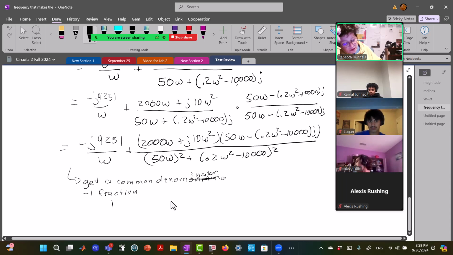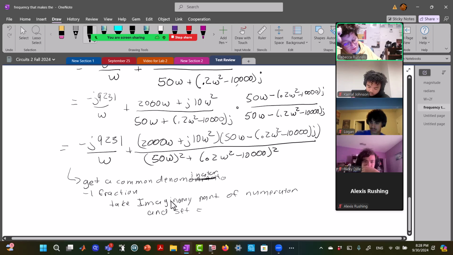Then all you do is you take the imaginary part of the numerator and set it equal to 0. You can ignore the denominator and you can ignore the real part of the numerator.